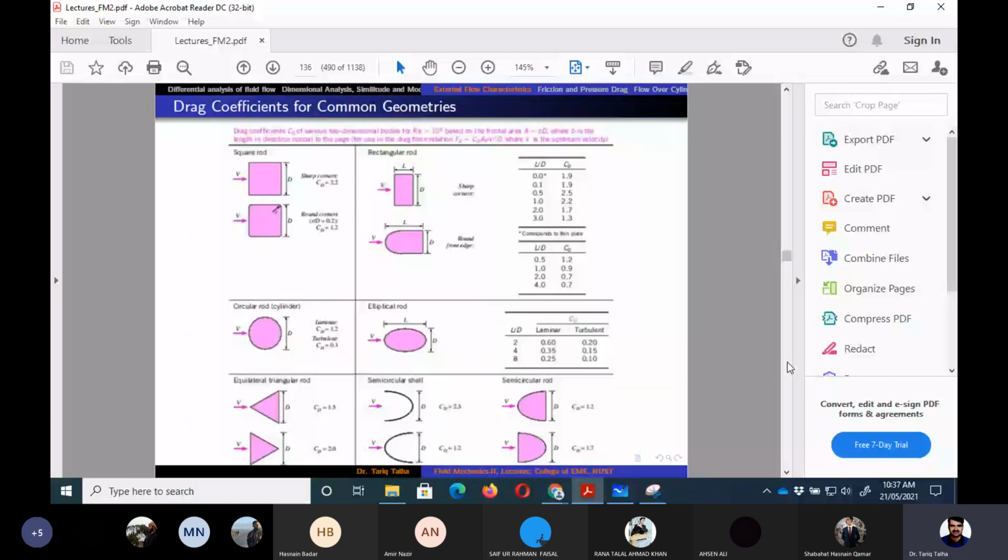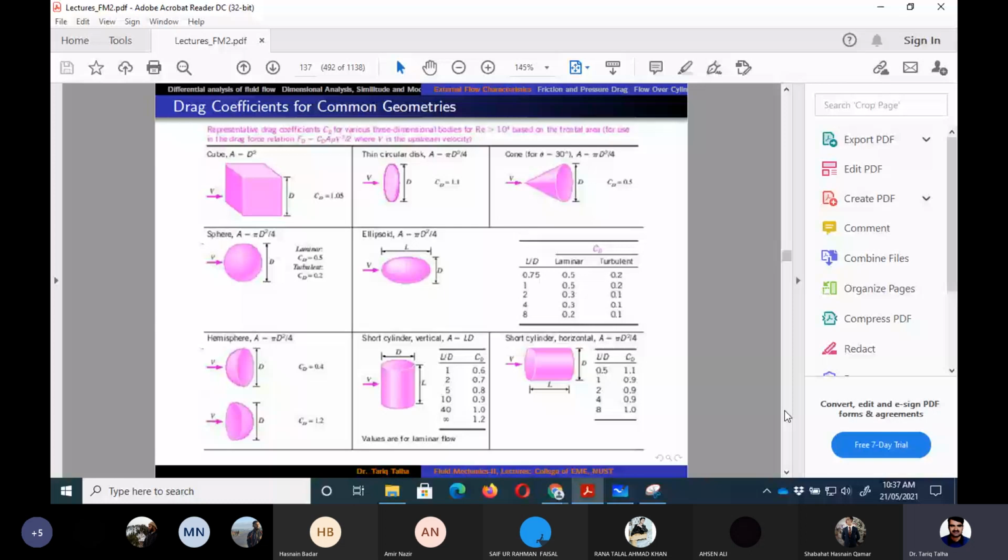CD values are calculated for different kinds of geometries, as on this slide, for two-dimensional and three-dimensional bodies. We can calculate CD as a function of Reynolds number, and we can conduct numerical experiments to get the value of CD for different types of geometry, and CL as well.